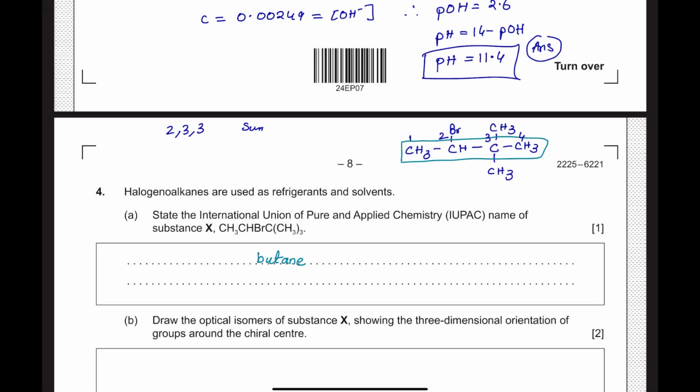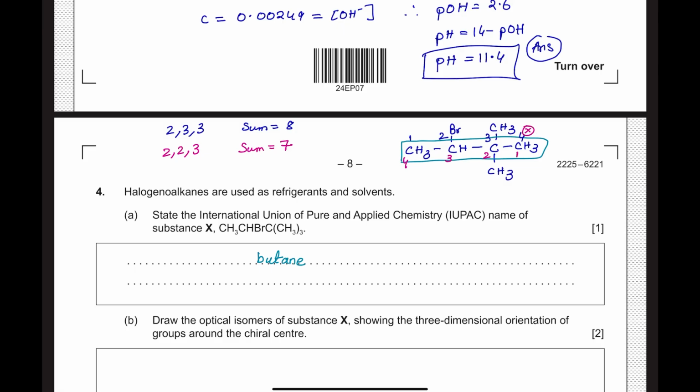If you add everything, you get 8. If you number it from the other side, 1, 2, 3, 4, your substituents will occur at 2, 2, 3. Take the sum, it gives you 7. So obviously the one in pink has a lower sum, so we'll go with the numbering in pink. The numbering on top has been rejected.